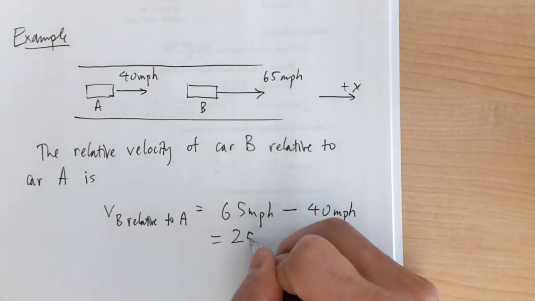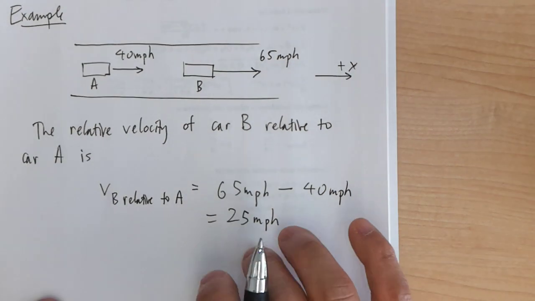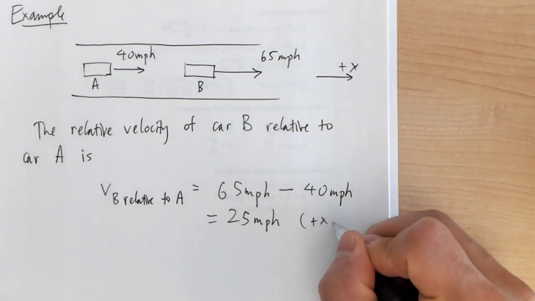And so we end up with 25 miles per hour relative velocity in the plus direction.